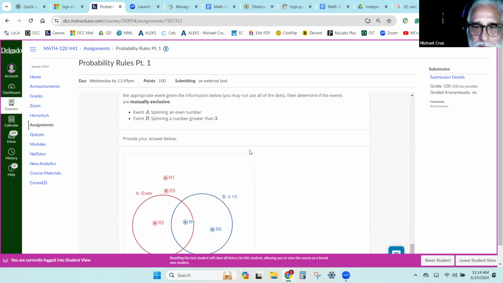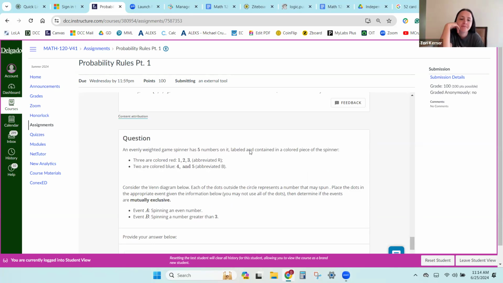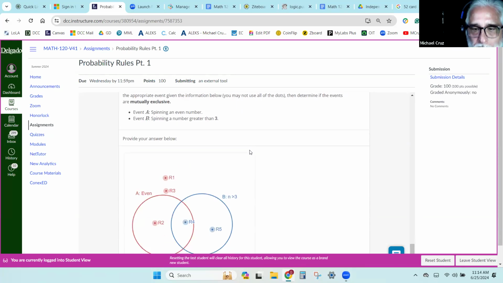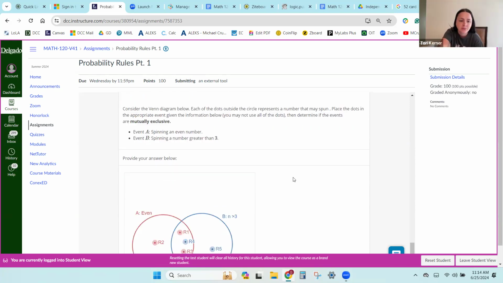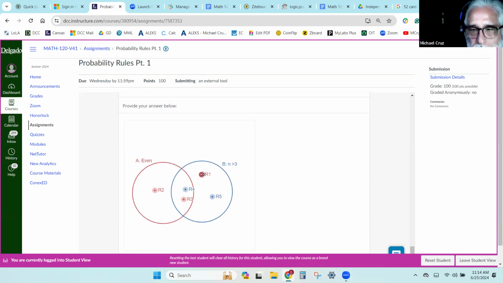So the other ones, red 1 and 3, would go in here as well, right? Nope, they're not. That's right. They're not even. So they're going to have to be over here. But they're not greater than 3. 1, 2, and 3 go in red, right?